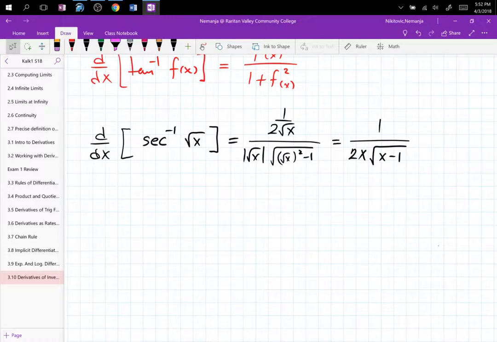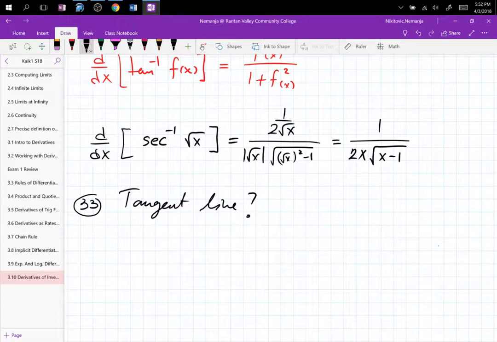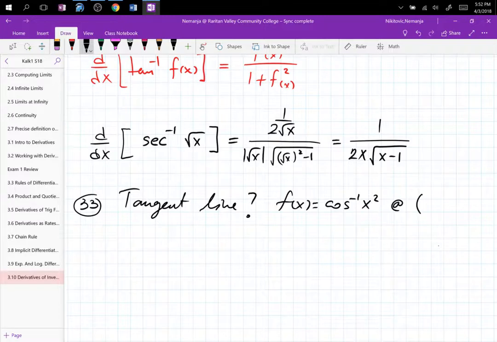So problem 33 in the textbook says: tangent line for f of x equals inverse cosine of x squared at the point 1 over root 2, pi over 3.